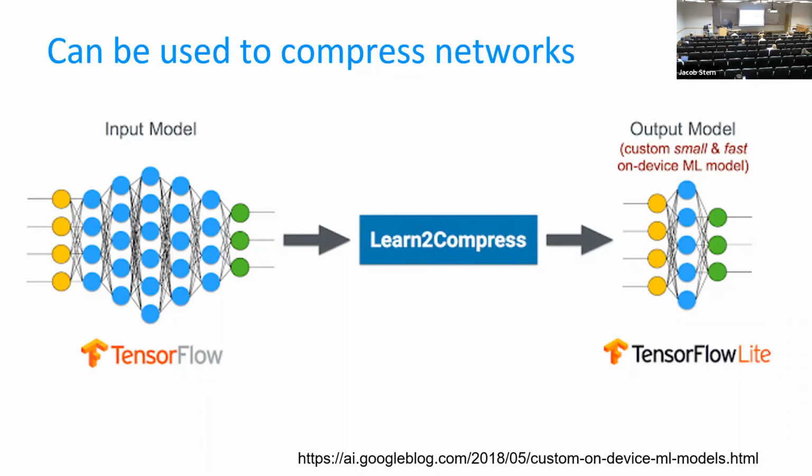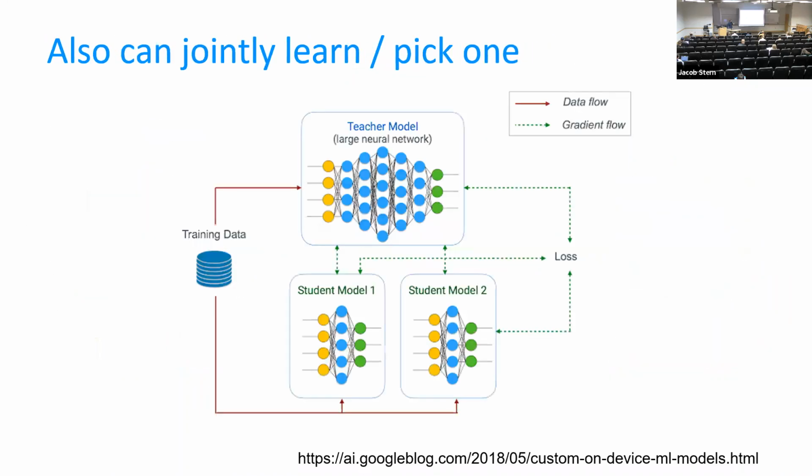The way that you do this is you train the small network to match not just the classification of the large network, but the logits of the large network. So basically, you are training your student model to match the class probabilities of the teacher model.